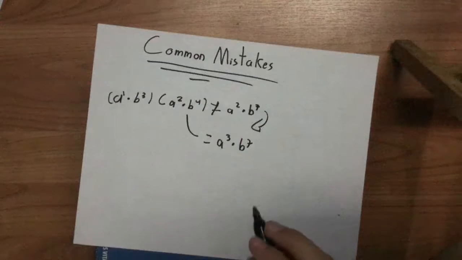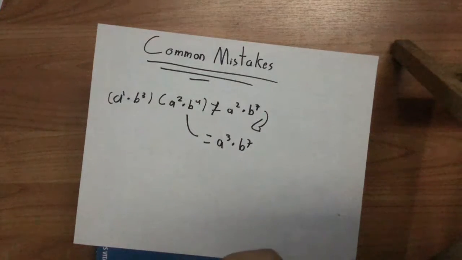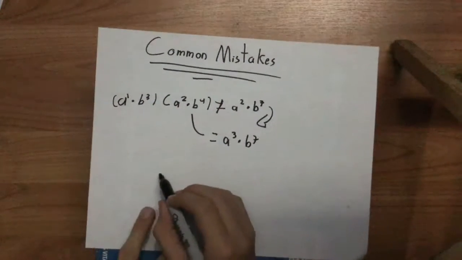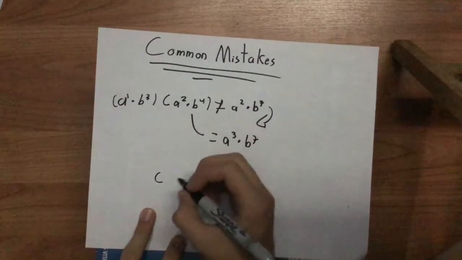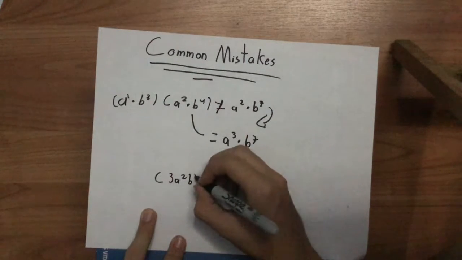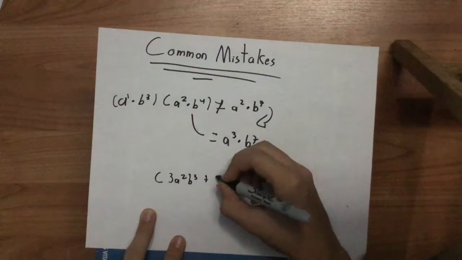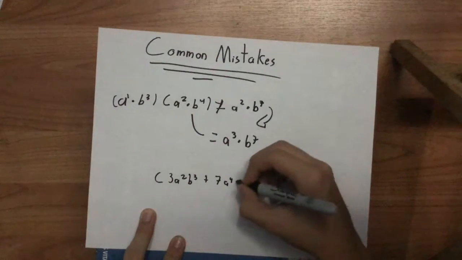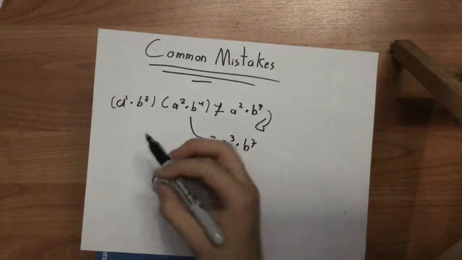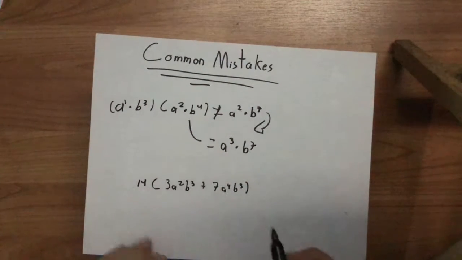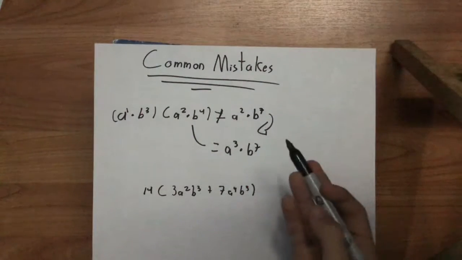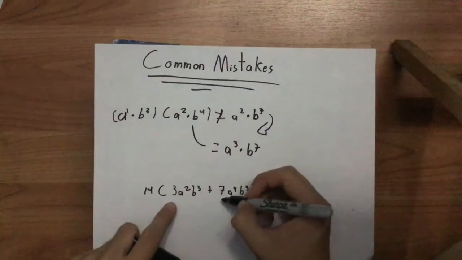That's one common mistake. Another common mistake is that sometimes you do the parentheses first. Maybe we have 3a times b to the 3rd power plus 7a to the 4th power b to the 3rd power. And sometimes, I don't know, 14 over here. And sometimes you just think that, oh, I can add them up. But you can't, because they don't have the same coefficient.